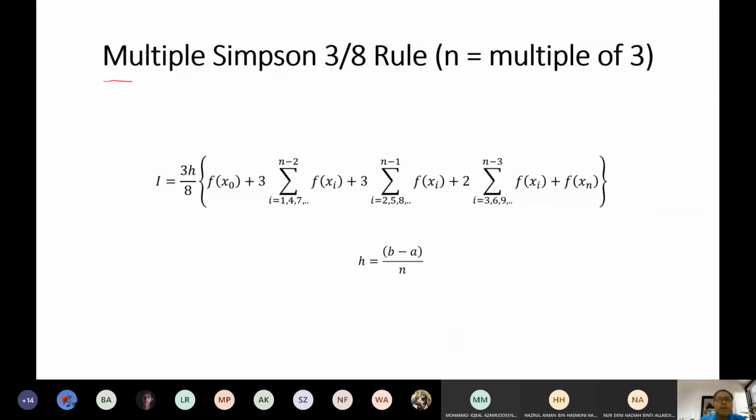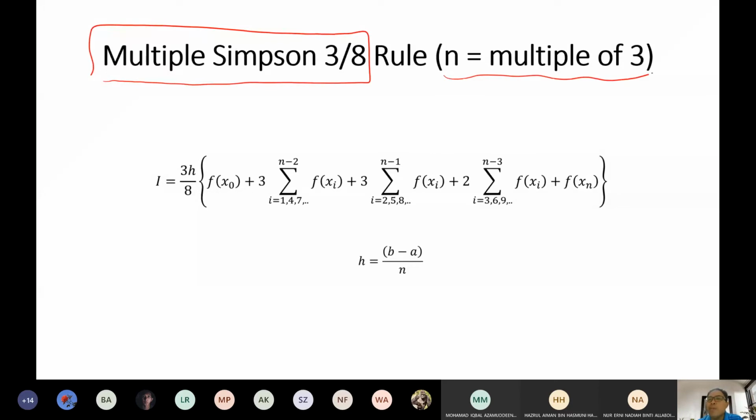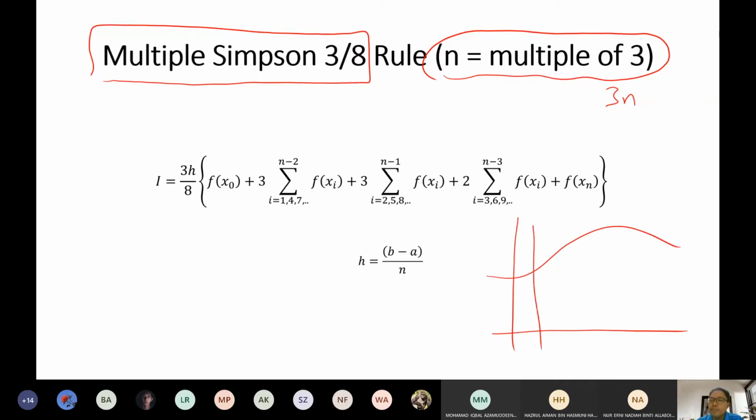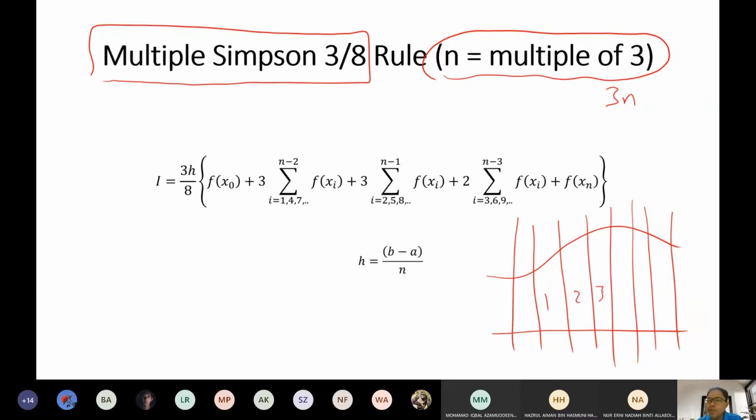For the last formula, multiple Simpson 3/8 rule, we can divide the area in the multiple of 3, 3n. So you can divide your area, let's say, to 6: 1, 2, 3, 4, 5, 6. Let's say all are the same. So you can divide into multiple of 3.